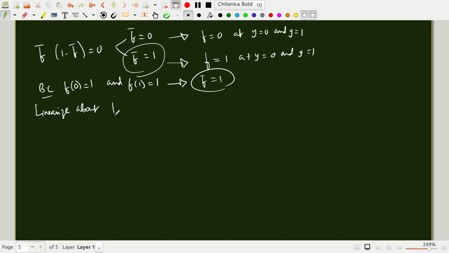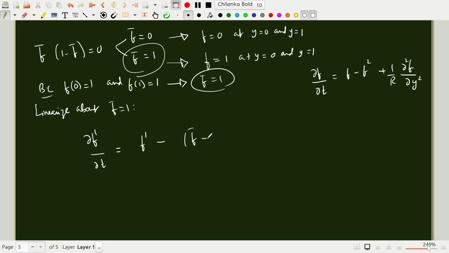Now, if you linearize about f bar equal to 1, the equation that we are considering is df/dt is f minus f squared plus 1 by r partial squared f by partial y squared. So, f becomes f bar plus f prime. Let us just do this in detail.